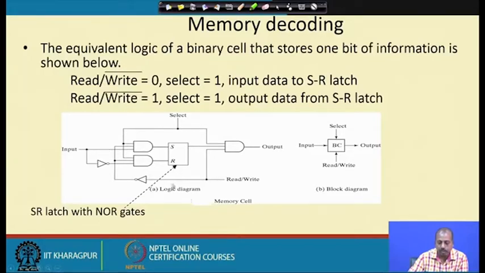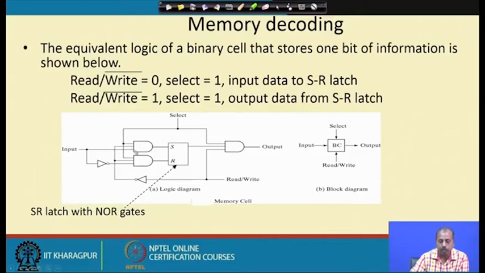Since this read write bar line is equal to 0, this will come as 1 here, and the input bar will come to this reset point. So in the S I have got input, and in the R I have got input bar. As a result, whatever be the value of the input, that will get stored here.